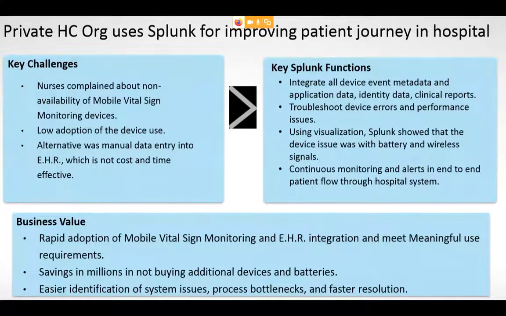In that case, Splunk also helps by integrating all those devices with Splunk and giving you all the application data, identity data, clinical reports, saving your time and manual workflow. You can also do, as usual with your IT devices, mean time to resolution for errors and performance issues.